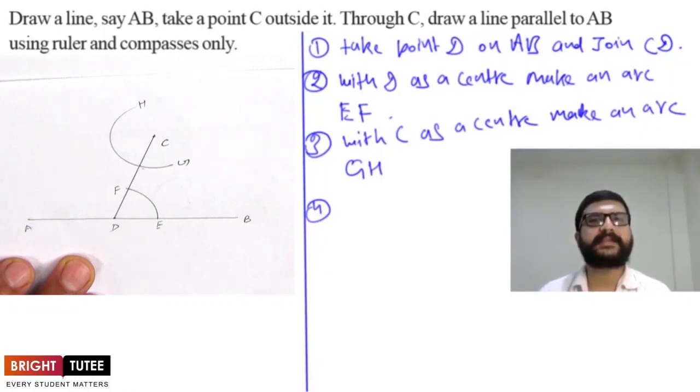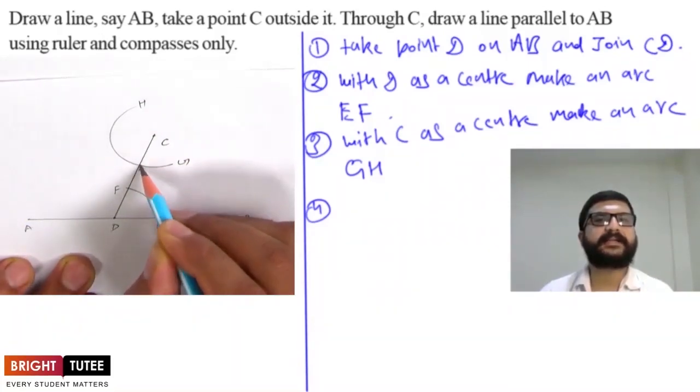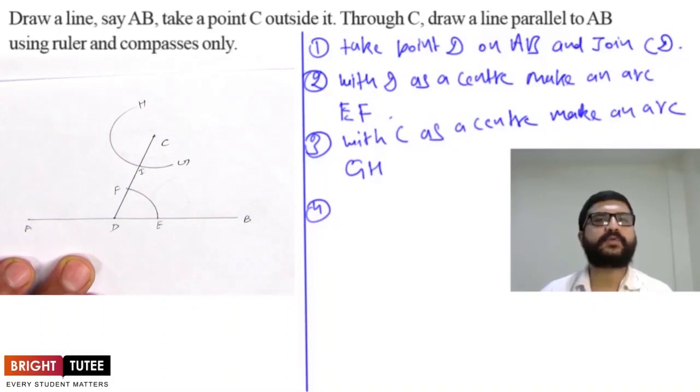How can we do that? We place the pointed end of the compass at point E and the pencil end at point F. Like this we can open the compass, and then through point I we have to make an arc which is intersecting the arc GH.